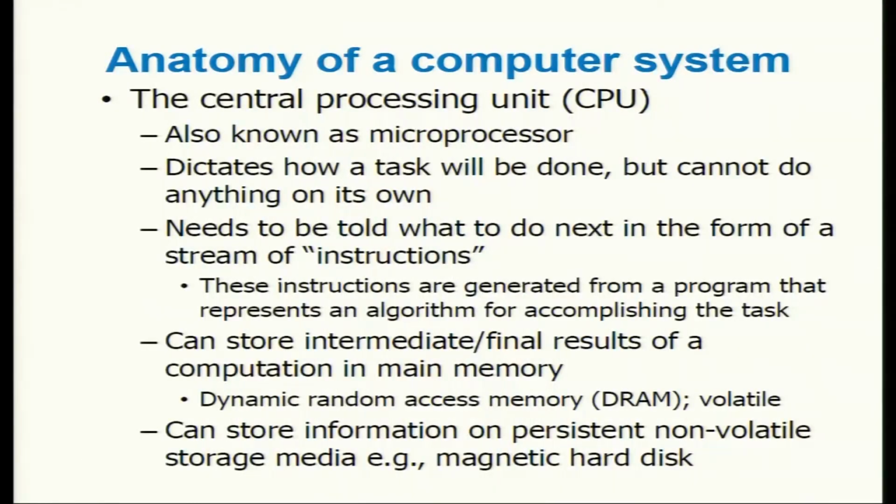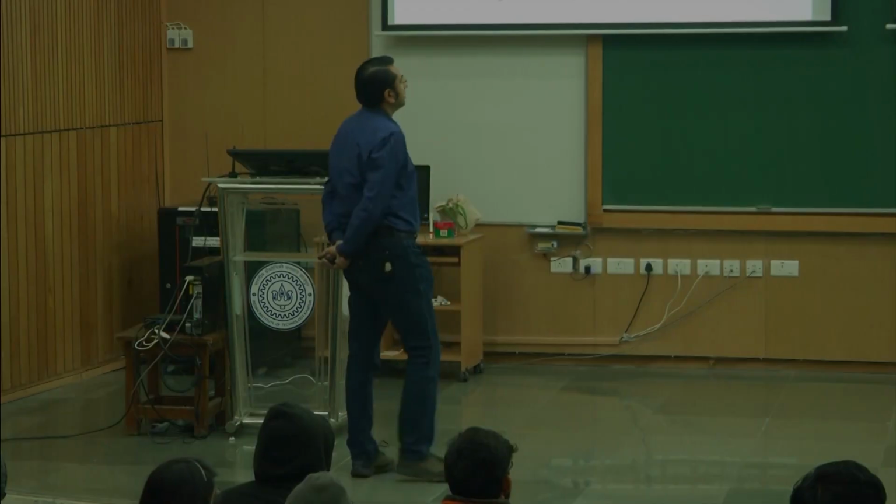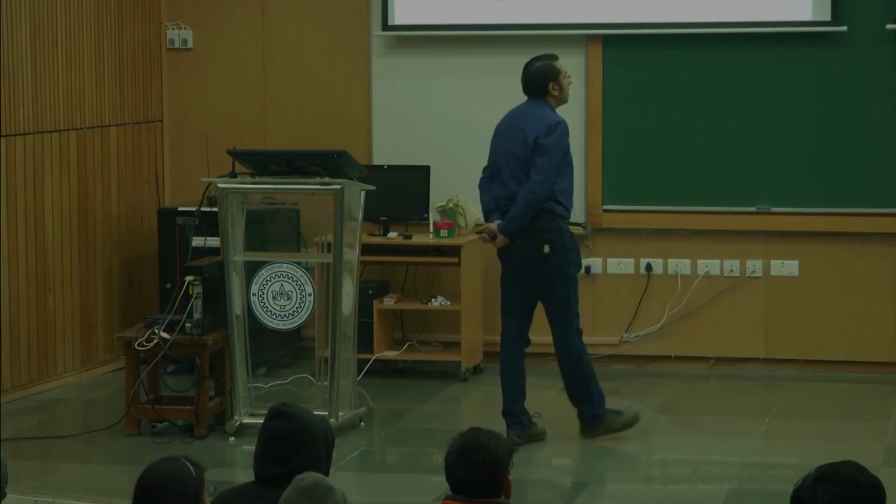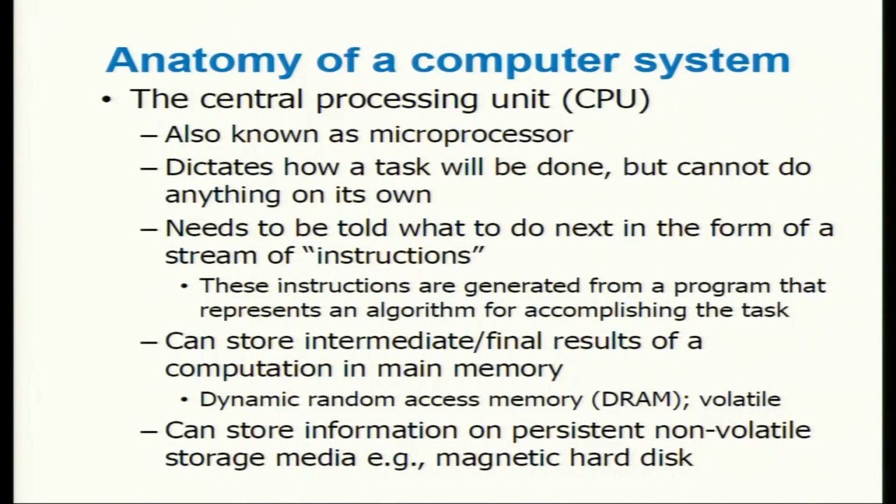The central processing unit, also known as the microprocessor, or simply the processor, dictates how a task will be done, but cannot do anything on its own. We know that. It needs to be told what to do next in the form of a stream of instructions. And these instructions are generated from a program that represents an algorithm for accomplishing the task. So we know this stuff pretty well. And of course, it can store intermediate or final results of a computation in main memory.